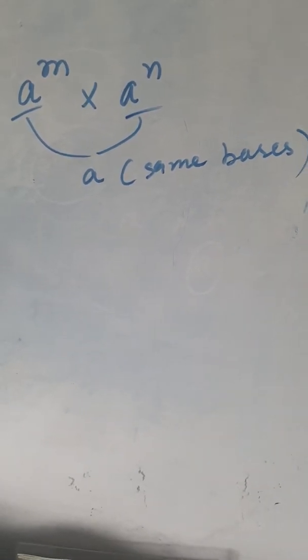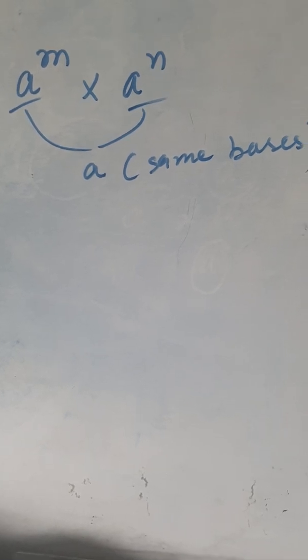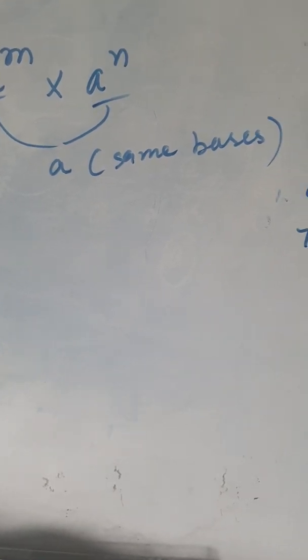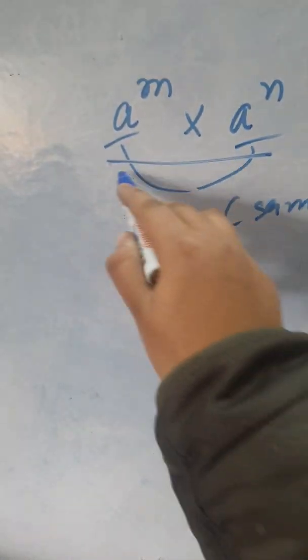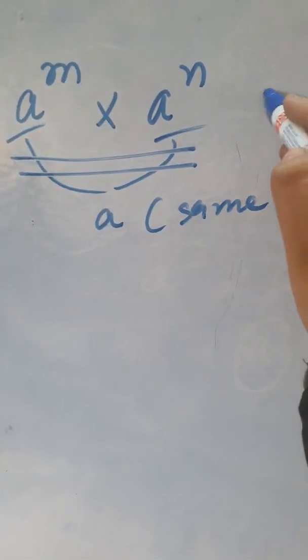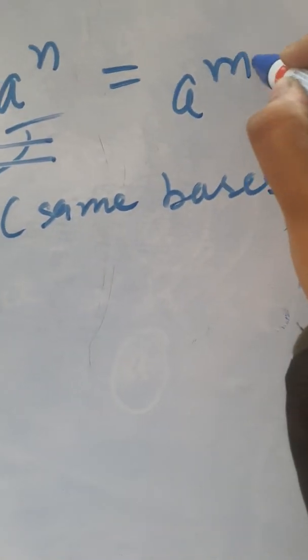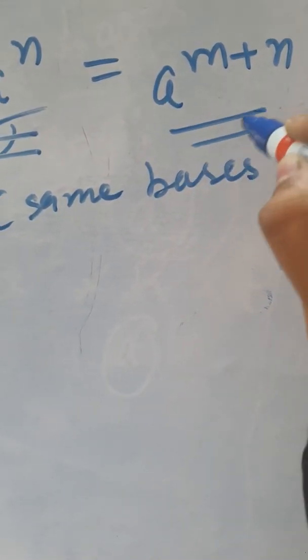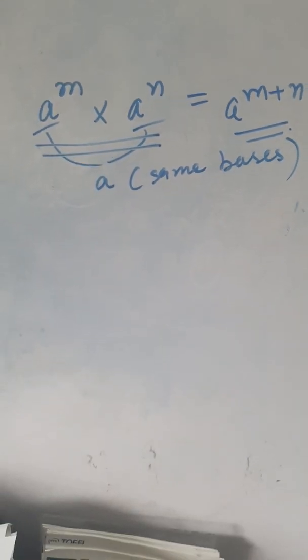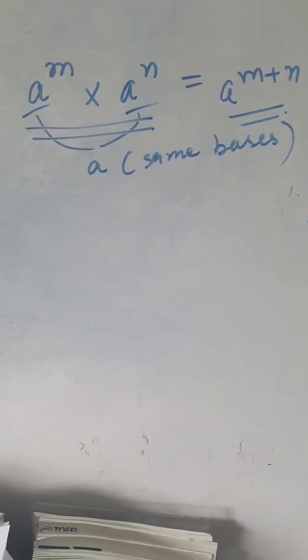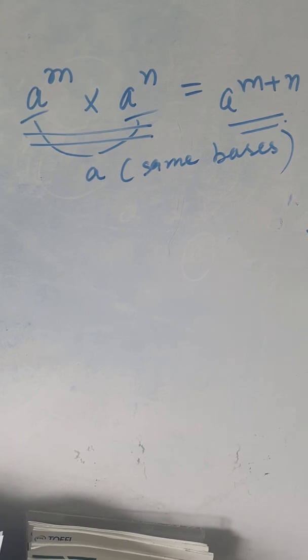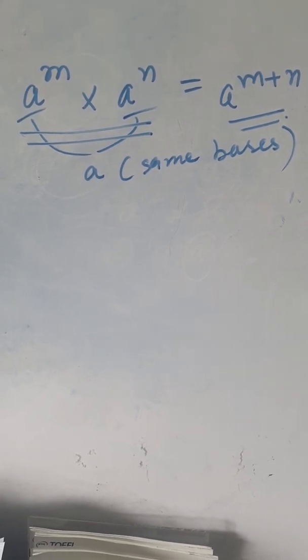To simplify this, we have come up with a law. That is the first law of exponents, which states that such an expression gives the value a to the power m plus n. So if we are multiplying a to the power m and a to the power n, that means the base is the same and exponents differ.